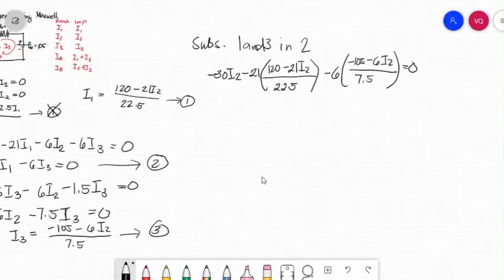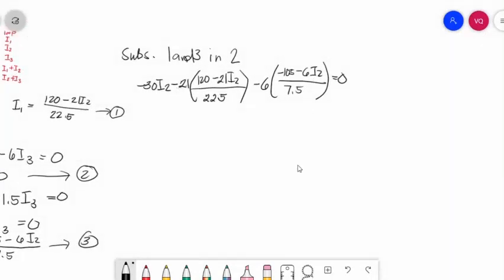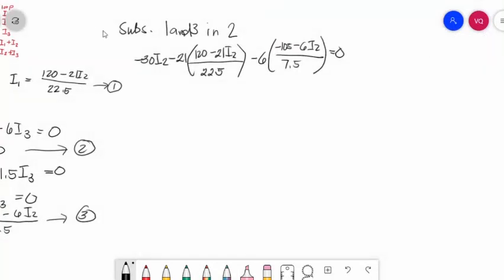So, lahat na in terms of I2. So, we will multiply both sides by 22.5 and 7.5. So, 22.5 times 7.5 times 30 is equal to 5,062.5 I2.